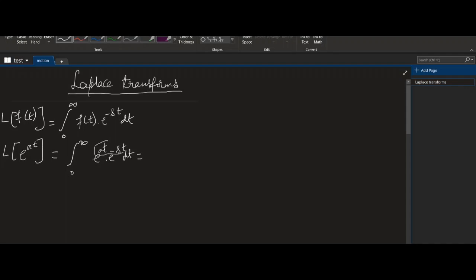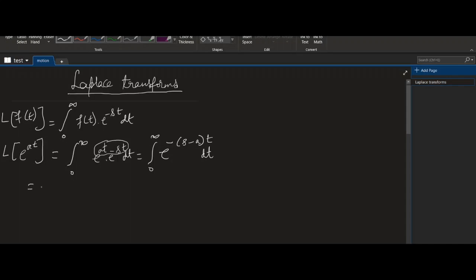Since bases are same, I can take these powers and rewrite it as 0 to infinity e power minus of, I'll take minus common, so I can write it as s minus a into t dt. Why I'm taking this minus outside is, we have this limit infinity here. So when I integrate, that minus will help, you will be seeing in the next step now.